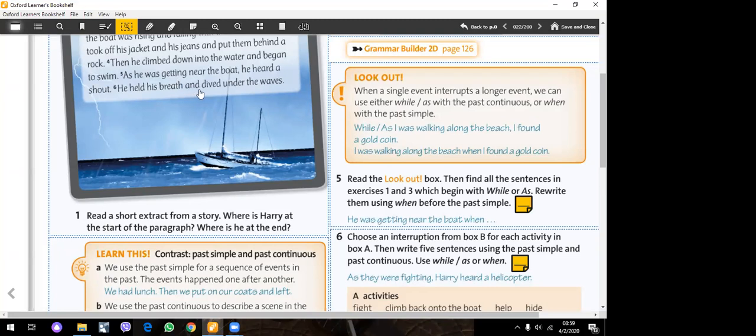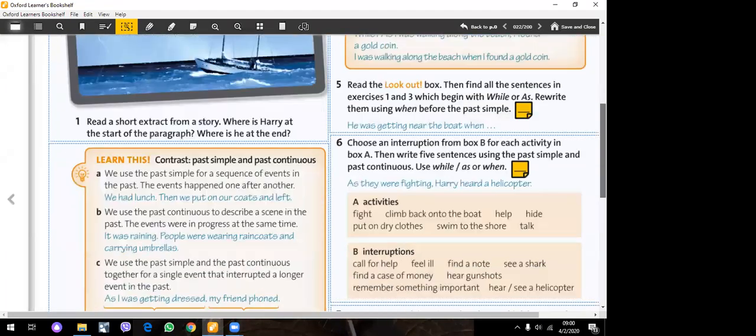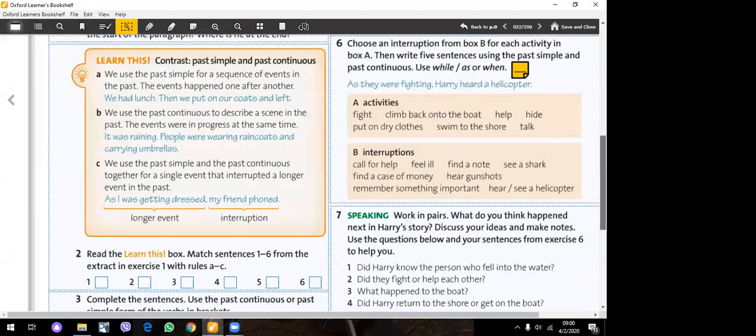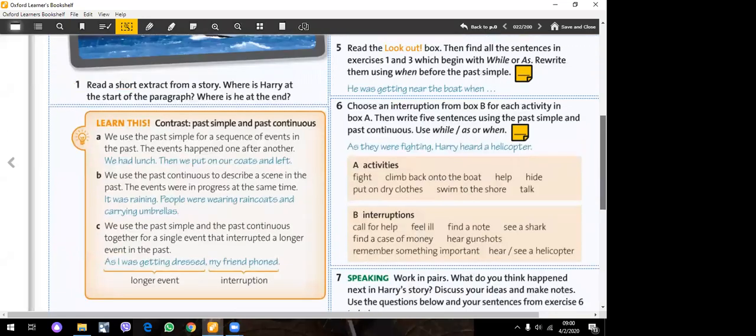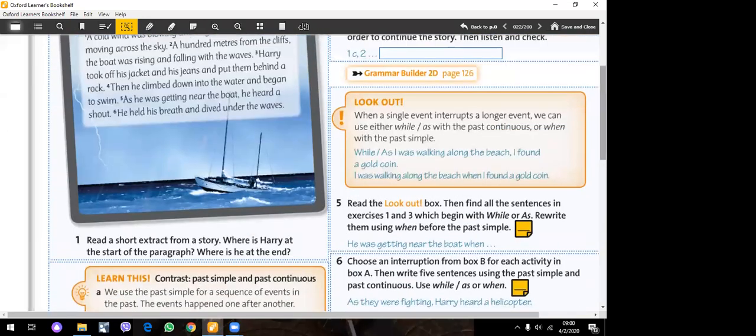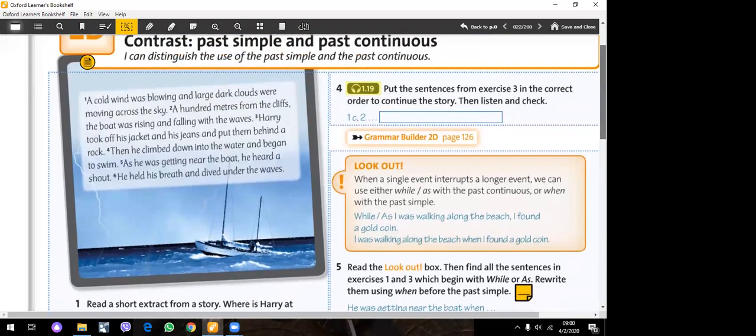Okay, number 6. Jose, can you please answer? Jose, are you there? What is your answer for 6? He held his breath and, I think, teacher, I think it's A. Great.